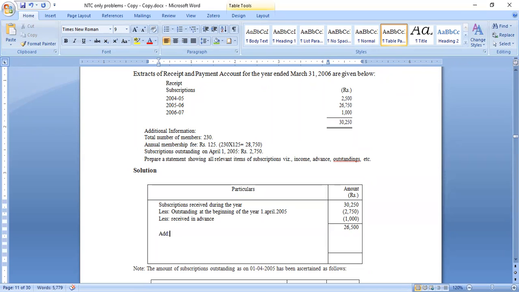Add. So what are the transactions we have to add? Outstanding at the end and received in advance.